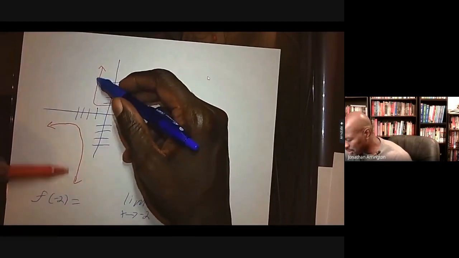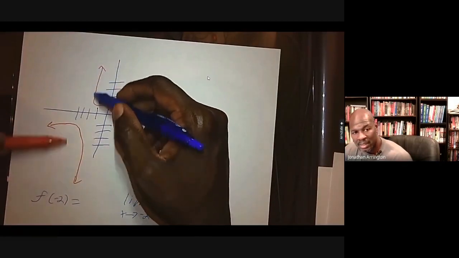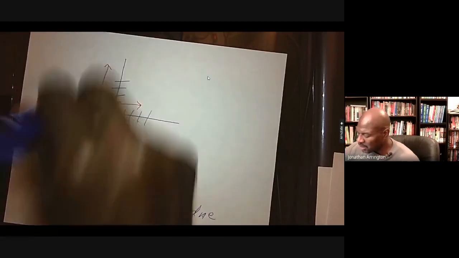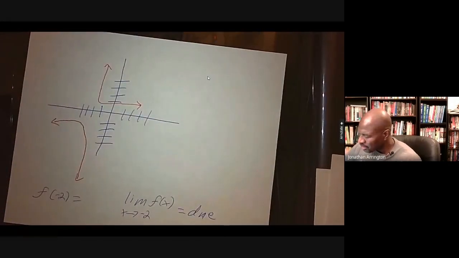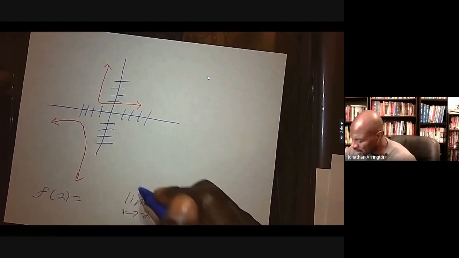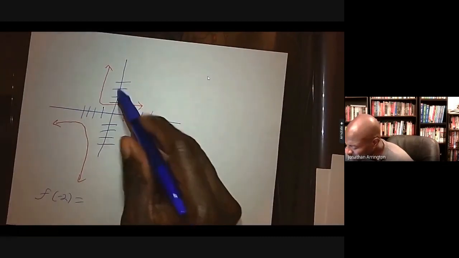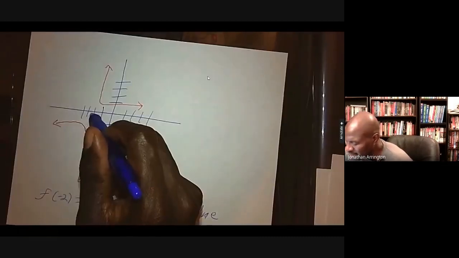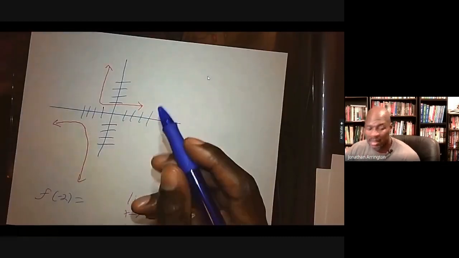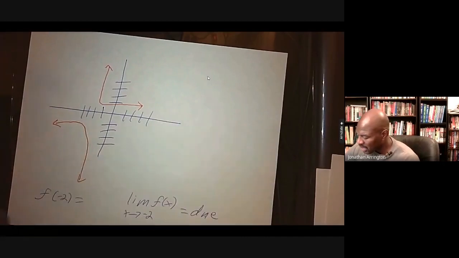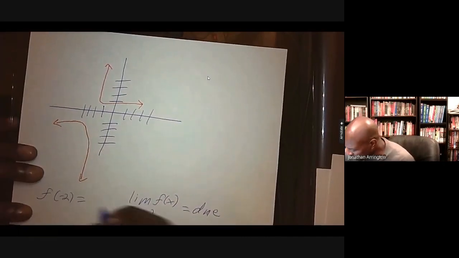But when that occurs, of course, the limit doesn't exist. And just understanding what asymptotes mean, it means the graph gets extremely close to that value, but never touches it. So this function is never touching x equals -2. That means f of -2 doesn't have a value, so it's undefined.